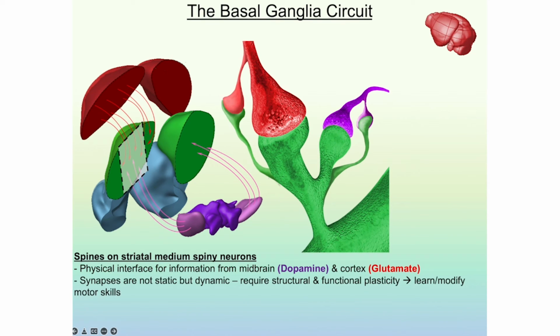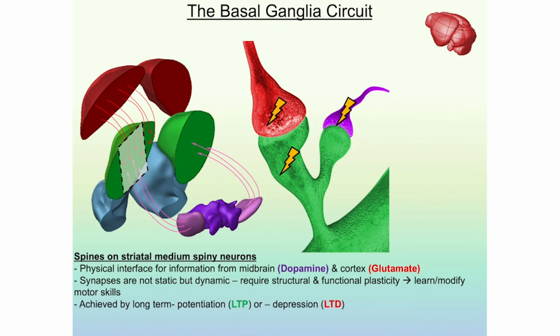And these synaptic connections are not static but very dynamic and require structural and functional plasticity in order to learn and modify motor skills. And the molecular basis for this plasticity is basically long-term potentiation or long-term depression.